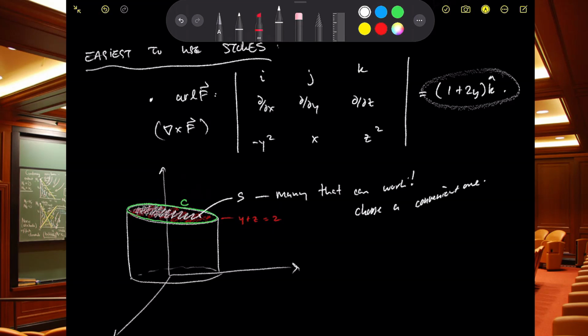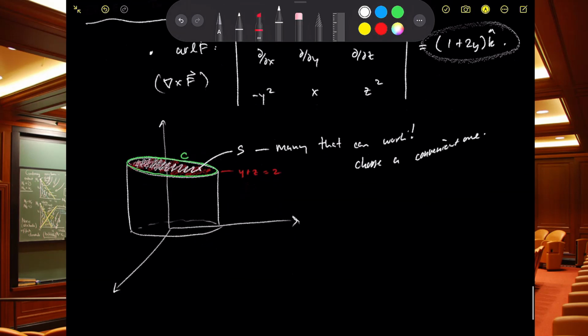So in our case, why don't we stick with the plane, keeping it flat, and it just intersects at this curve at the top, this elliptical space curve.